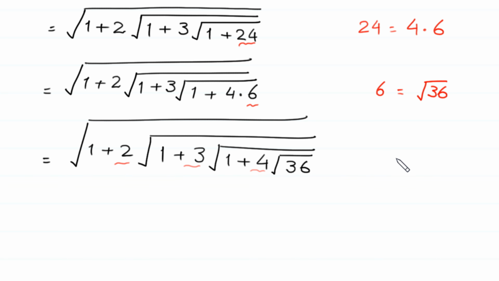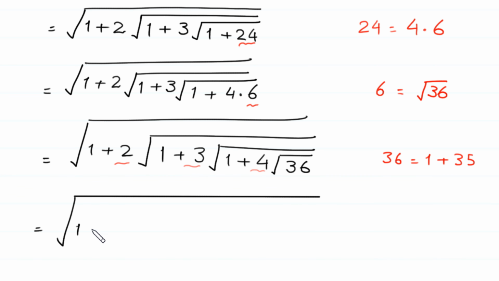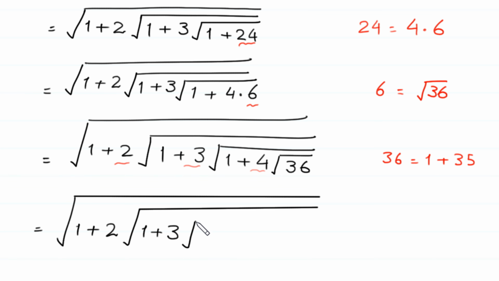So we replace this 36 with 1 plus 35, which is equal to square root of 1 plus 2 times square root of 1 plus 3 times square root of 1 plus 4 times square root of 1 plus 35.